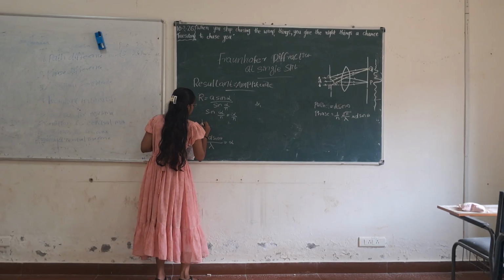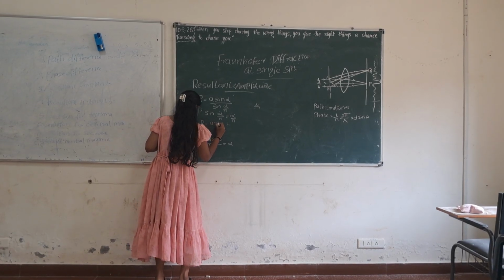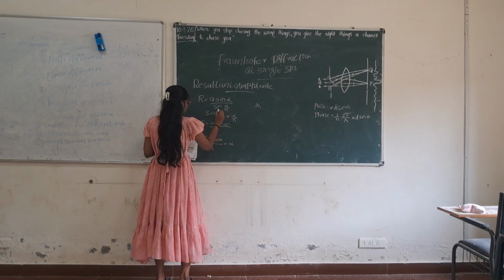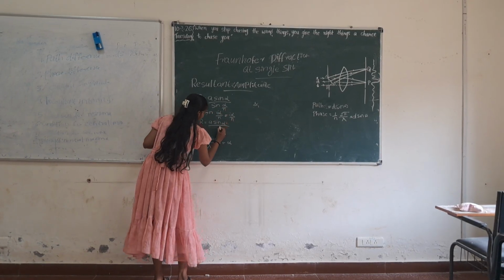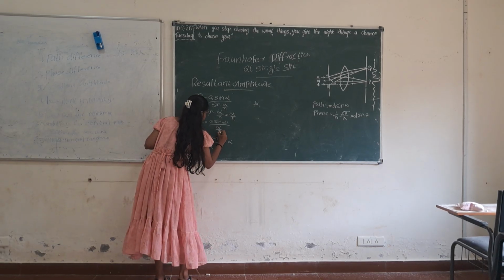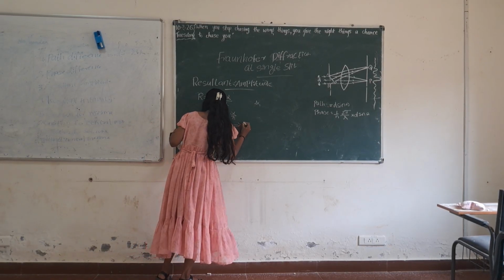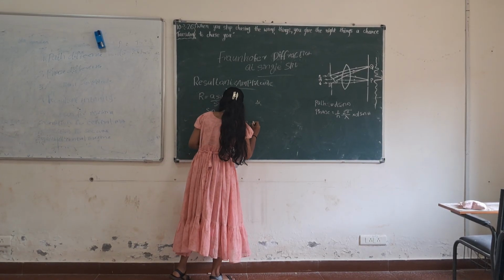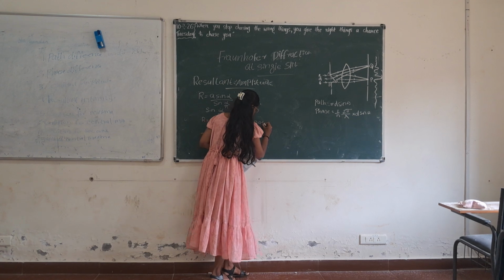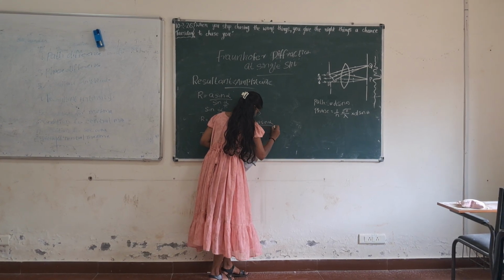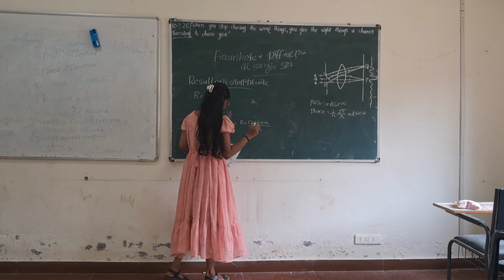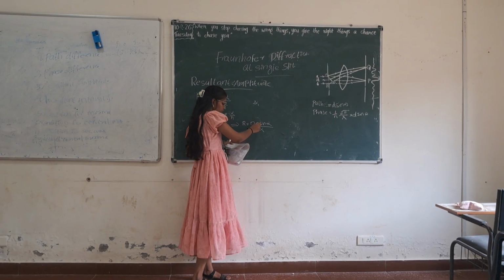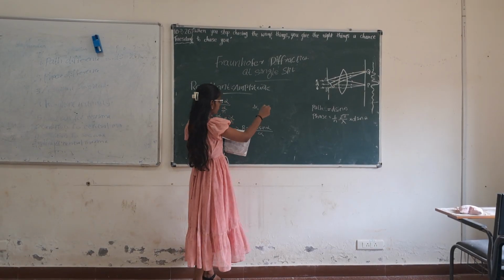So R is equal to A sin alpha by alpha by n, taking n upward, R is equal to nA sin alpha by alpha, where nA is the number of vibrations into the amplitude of each wave.